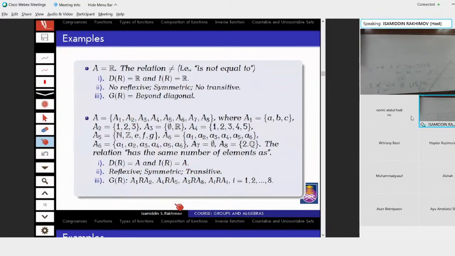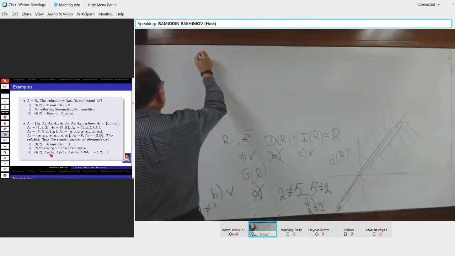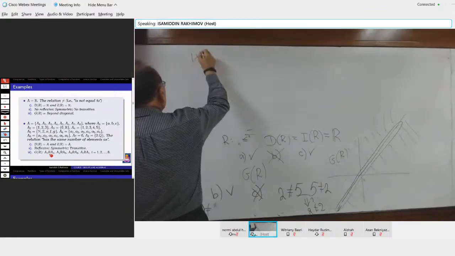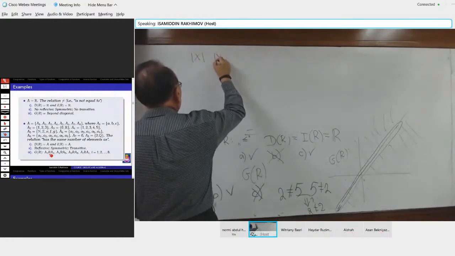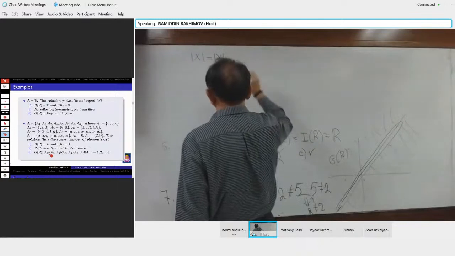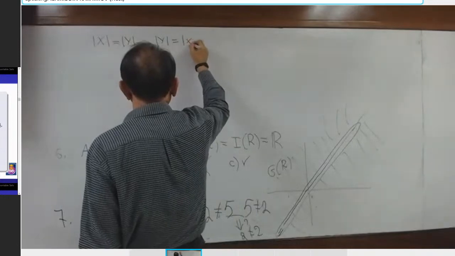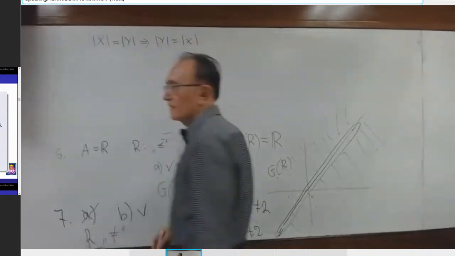Now, others you can see here. Symmetricity also holds. Why? Because say one set X, and the cardinality of this set is Y. If X and Y cardinalities are equal, then of course the cardinality of Y also is X. That is symmetricity.